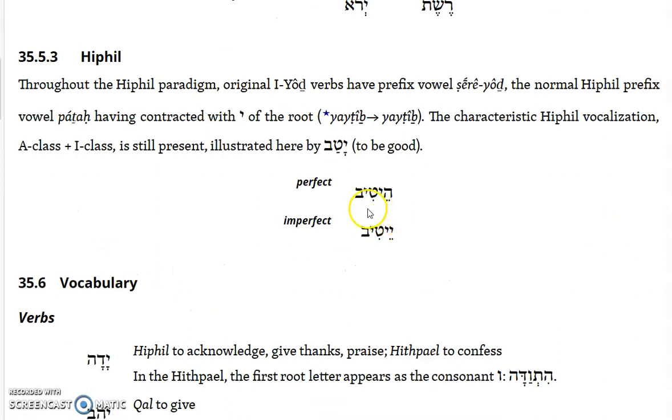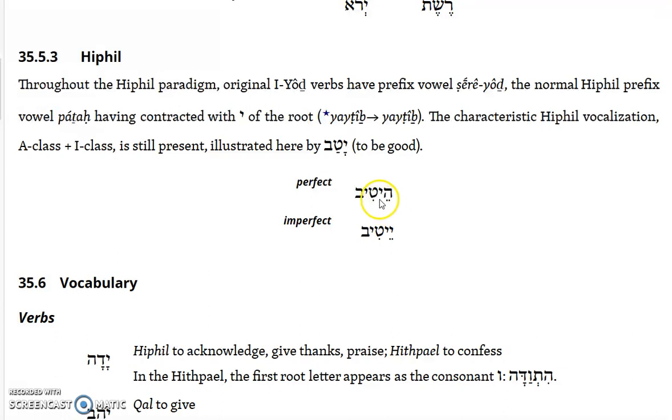Hifil. If you took a verb like Yatav, to be good, and made it into a Hifil form, you would expect, if it were a strong verb, to be Hitiv. He made something good, he caused something to be good, increased the goodness of, different meanings of stative verb in the Hifil.